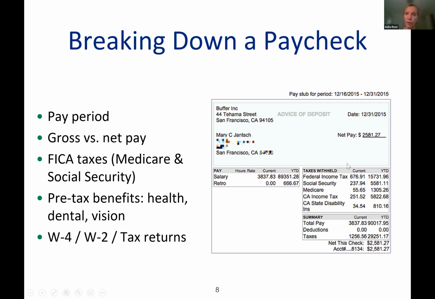If I claim one dependent, they take X amount of dollars because I'm claiming just myself. If I have 2 children and I claim 3 dependents, myself and the 2 children, they take less tax out because I will wind up paying less tax at the end of the year. So the W-4 tells the employer how much to take out in taxes based on the number of your dependents.